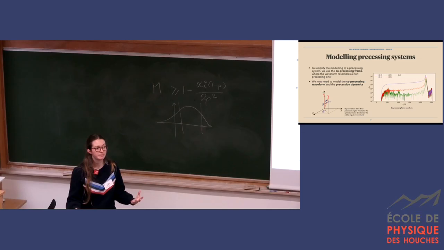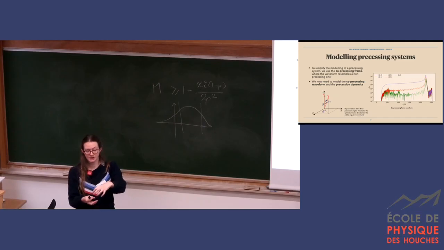For an aligned spin binary, you set up your coordinate system so that you're decomposing your spherical harmonics so that perpendicular to the orbital plane, you have the 2-2 mode, and therefore most of the power lies in the 2-2 mode. And now my coordinate system doesn't change with time, and so I just have this nice system where all the power is being emitted in the 2-2 mode, pretty much.